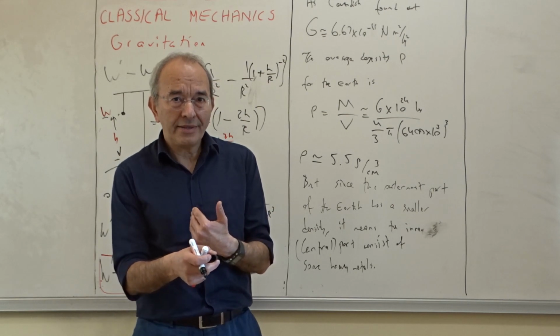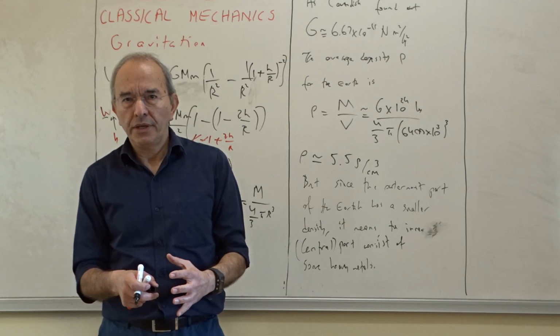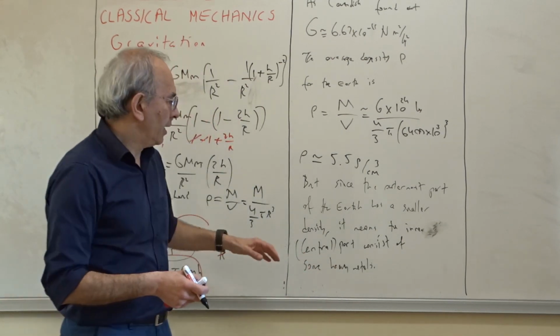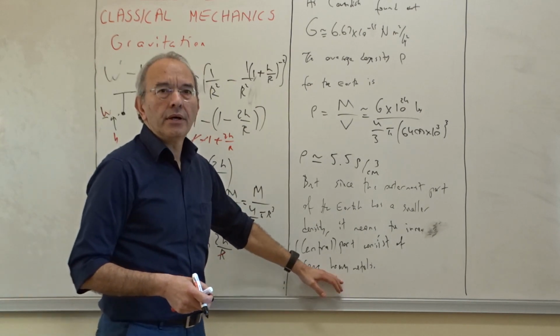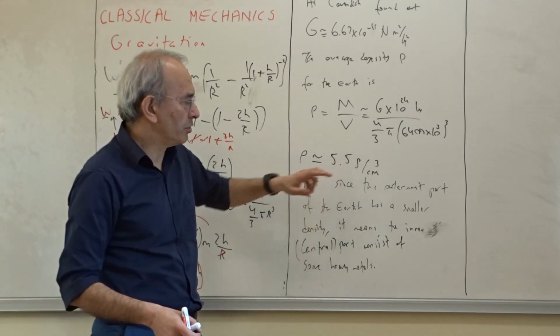Those high temperature values indicate that it is possibly in the liquid form, but the material there has much greater density than the average, so that as a result the average turns out to be this much.